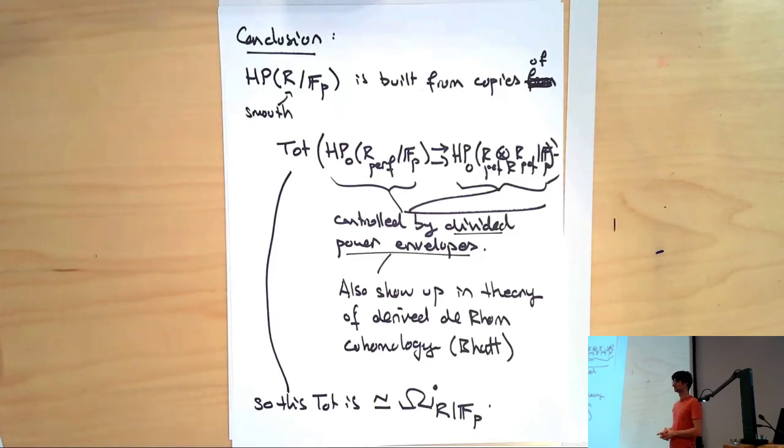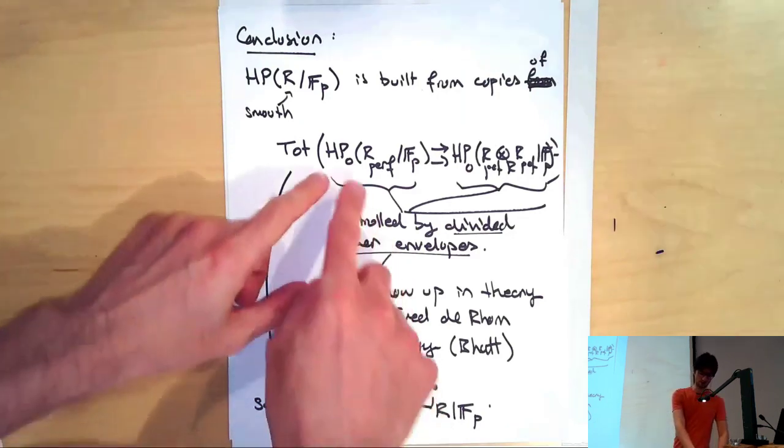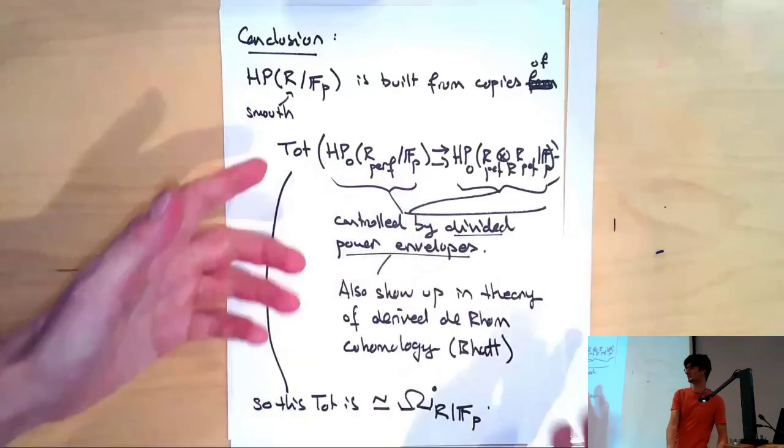Is it sensible to forget about HP0 and just, whenever you can define the divided power envelope, form this total complex of this cosimplicial complex? Well, that's exactly what turns out to be happening here. All of these HP zeros will just be the divided power envelopes.